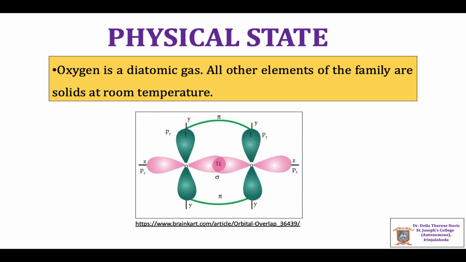Coming to the physical state of group 16 elements, oxygen is a diatomic gas and all other elements are solids at room temperature. In the O2 molecule, there is one sigma bond and one pi bond. The bonding is shown in the figure. In the O2 molecule, there is an effective p-pi bonding.